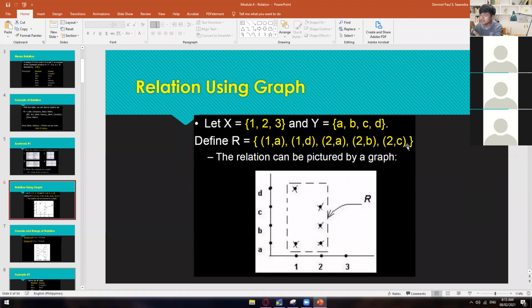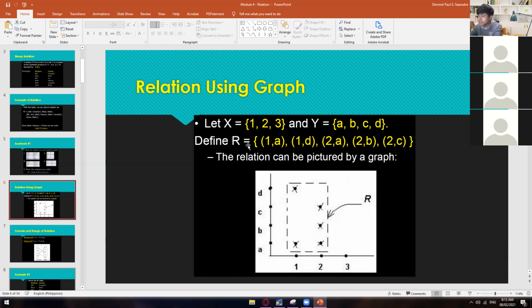This is just a random relation from those two sets. We have 1a, 1b, 2a, 2b, and 2c. If you were to get the relation using Cartesian product, you would arrive at 12 total relations. But in here we only have 5. Those are just random relations that came from our sets.